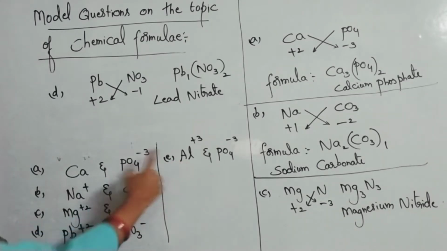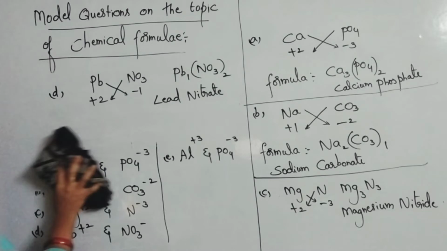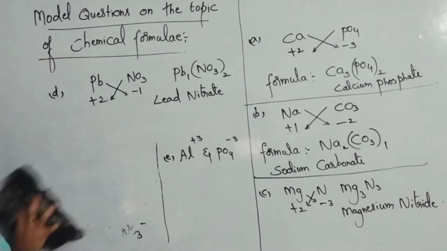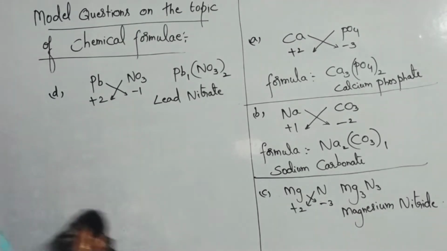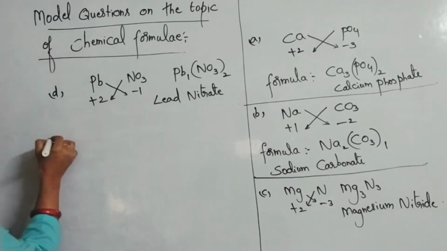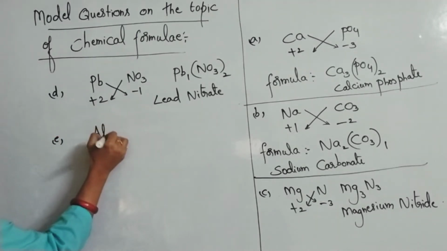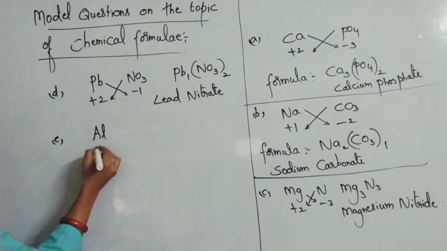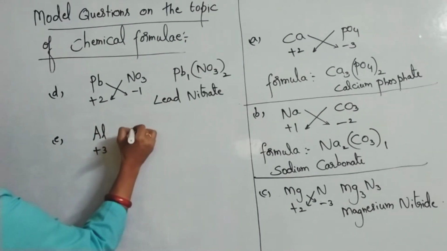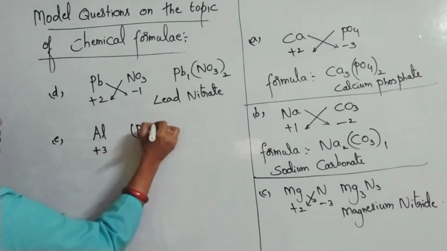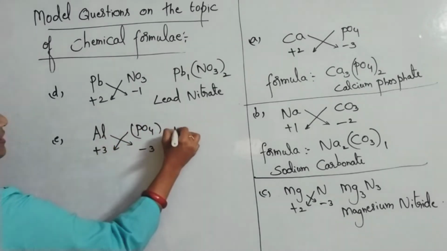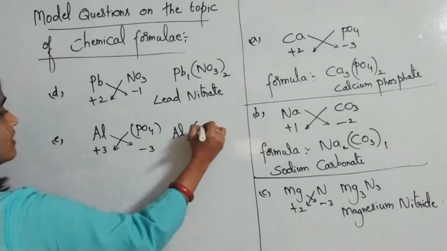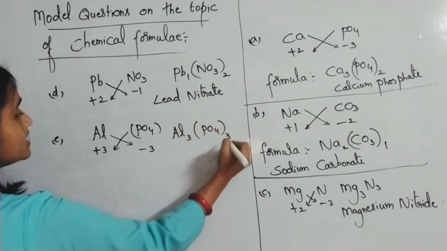Same like that, finally, fifth one is what? Al +3, PO4 -3. PO4 is also -3 only, it is given. So both are having same magnitude of charge. Cross over the charges and you will be getting Al3, PO4 taken thrice.